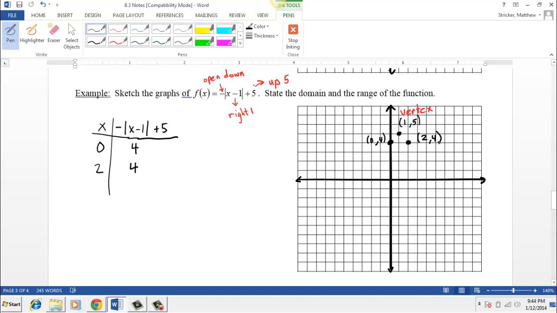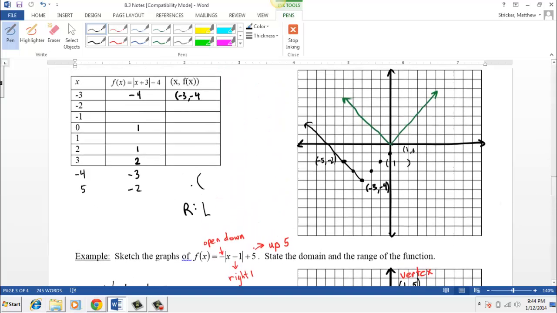Another thing that we haven't mentioned yet that I want to mention now is that when we have absolute value functions, we have this kind of symmetry going on about the vertex. Notice, go back to the last example. Here's my vertex here. These points over here are mirror images of each other across this kind of vertical imaginary line that goes up through the vertex.